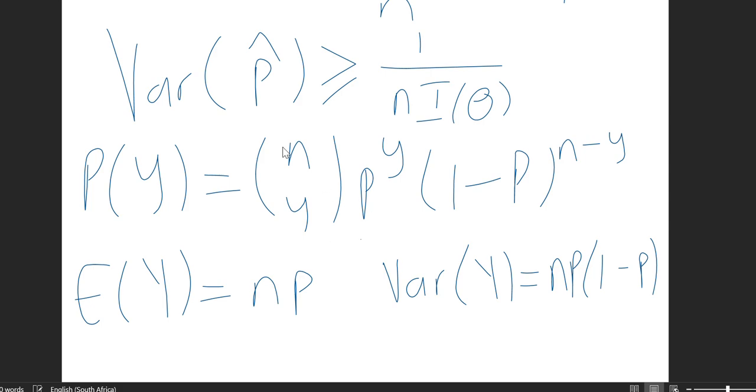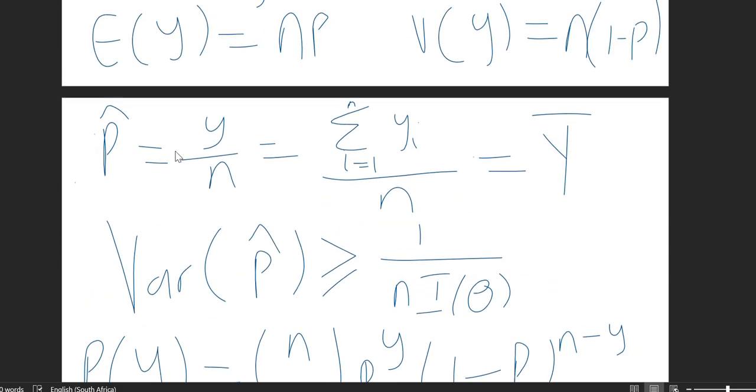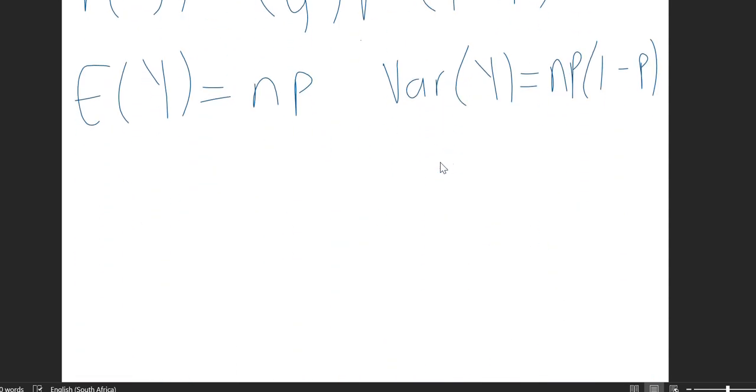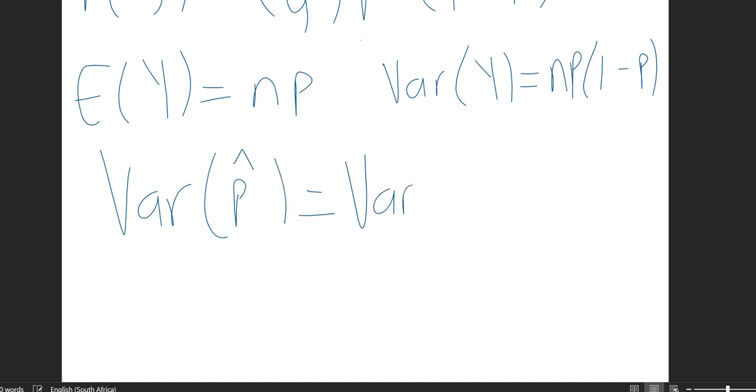Now we are going to inspect the variance of our MLE. The variance of p hat is the variance of the sum of yi's divided by n.